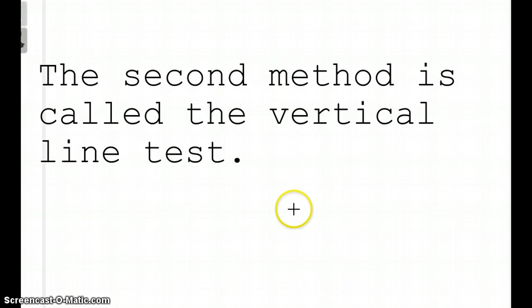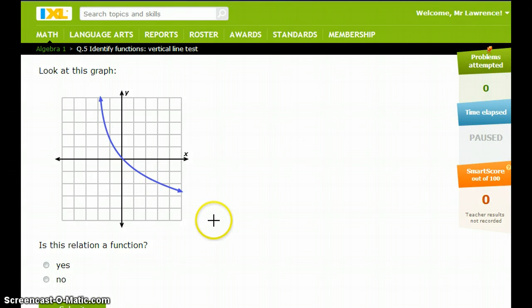Now the second method is called the vertical line test. And what we'll do here is I'll show you some examples of graphs where we can tell whether or not each x input value has only one output value. So the way this works is that with the vertical line test, basically we draw a vertical line and we decide how many times do we cross the graph.